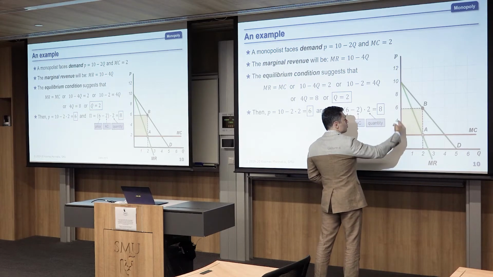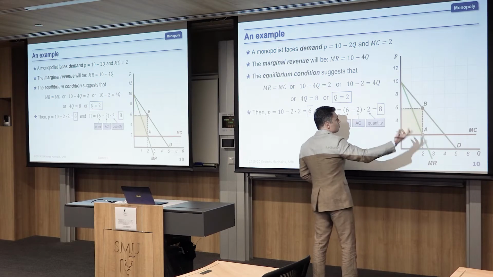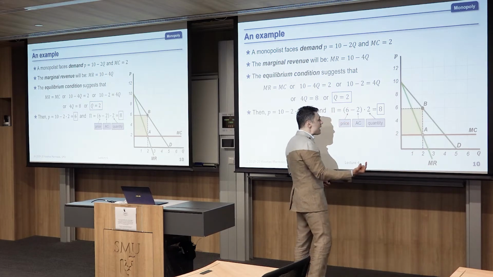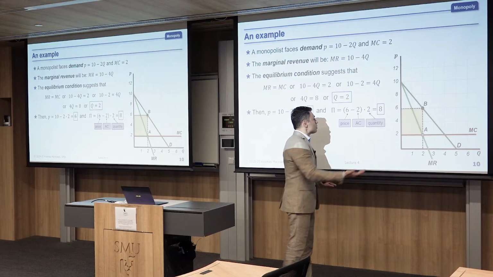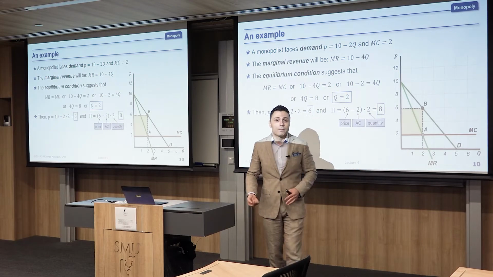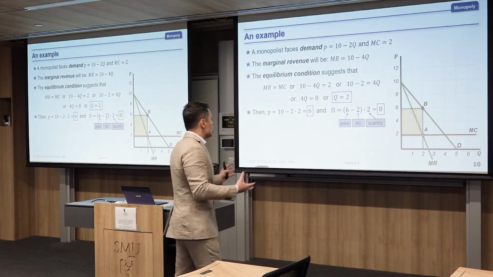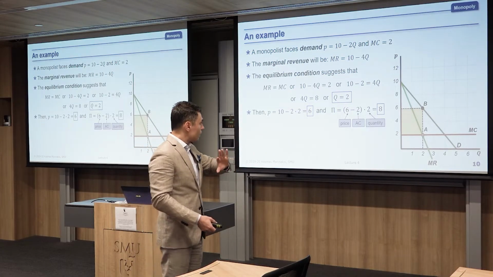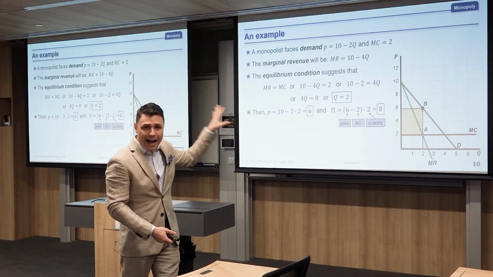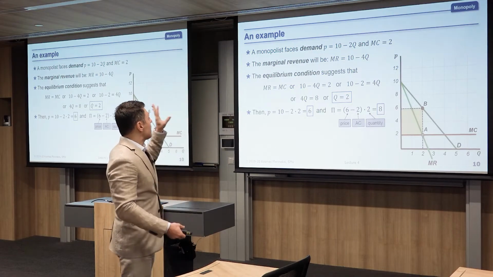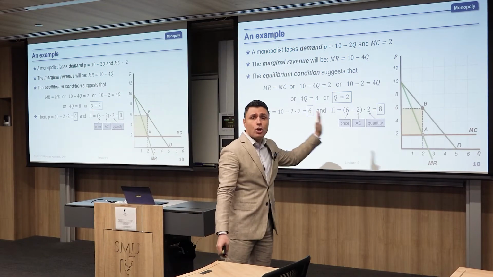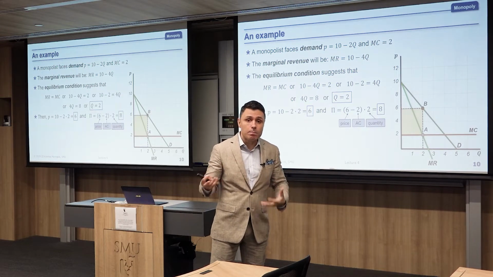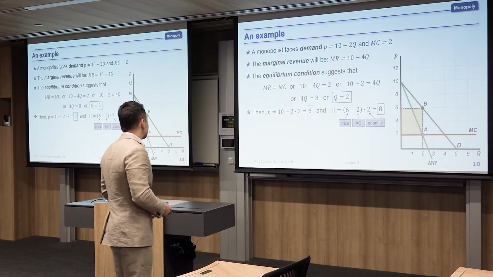And this side is from 2 to 6, so it's 4. 2 times 4 will give me 8, which, look at that, such a coincidence. 8 I have here. All right, so this shows you the correspondence of this super difficult math with the geometry of the graph. They just correspond perfectly in both cases.